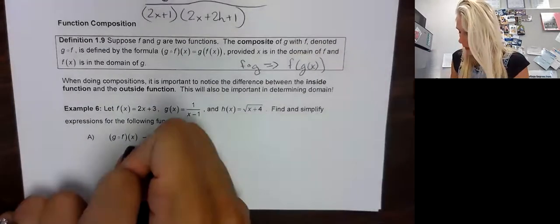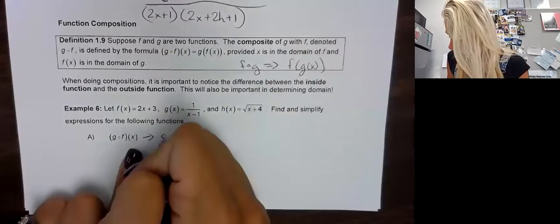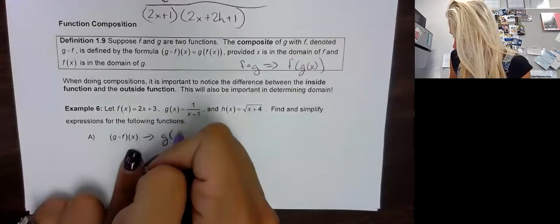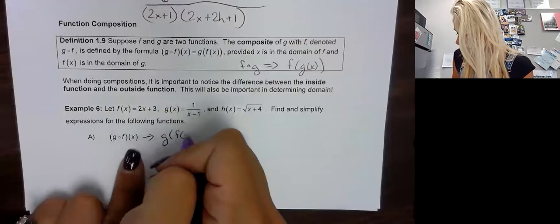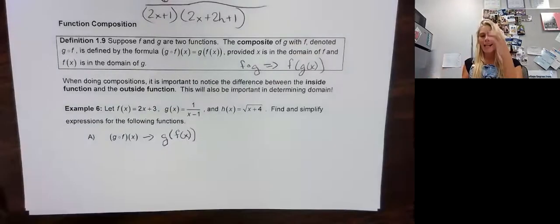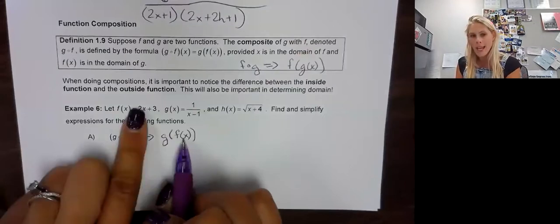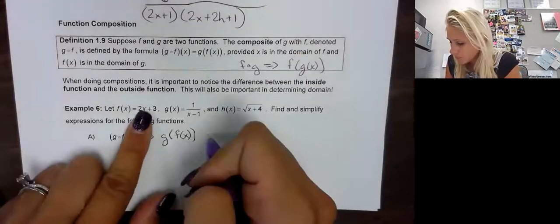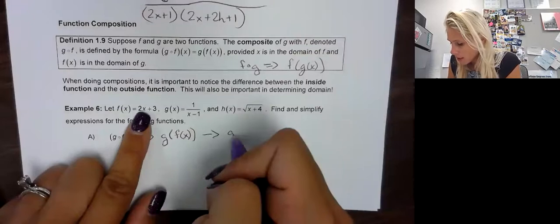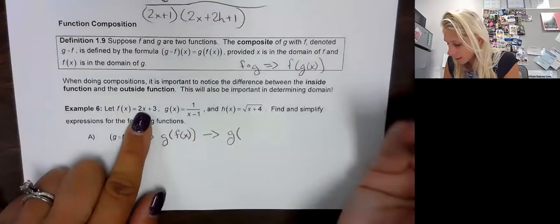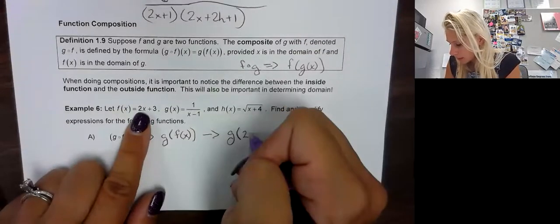So we see in A here, we have G of f of X. I'm going to work inside out. So I'm going to replace f of X with the actual function. So I have G of, instead of f of X, I'm going to put this 2x plus 3.